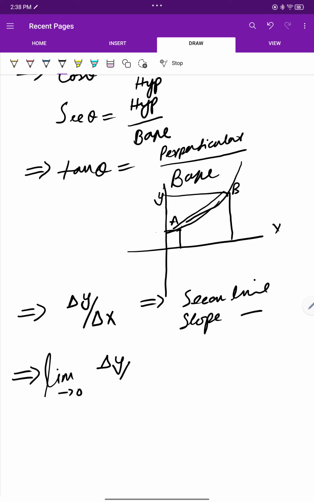So that's where you can find the exact rate of change.